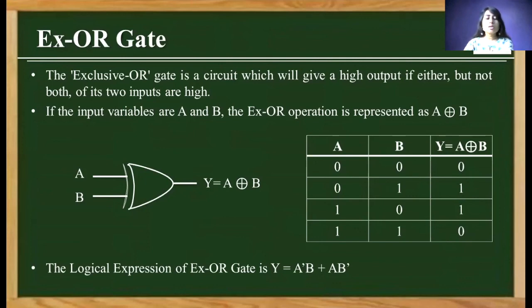So this is why we can call XOR a derived type gate, because using NOT and OR gates we can implement this logical expression. This is the characteristic equation or logical expression of the XOR gate: A dash B plus AB dash.